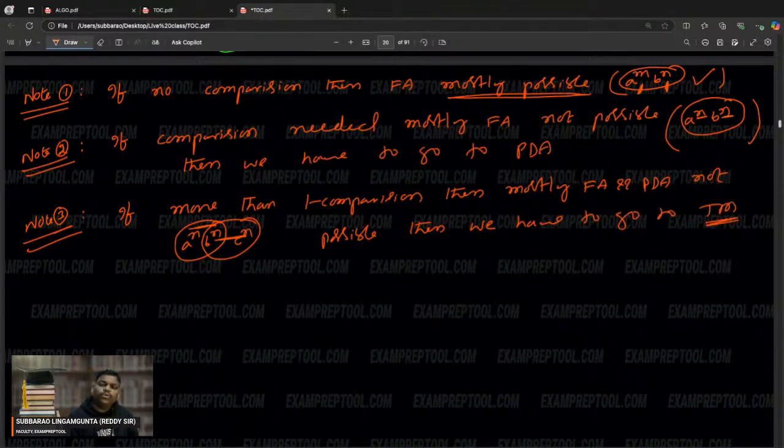Or if you want, you can write LBA also. LBA is theoretically present, practically not there, so I am writing Turing machine. If more than one comparison, then mostly finite automata and PDA are not possible. However, sometimes it may be possible. You have to check the problem clearly. 99% it is not possible, however, you have to check the problem clearly.